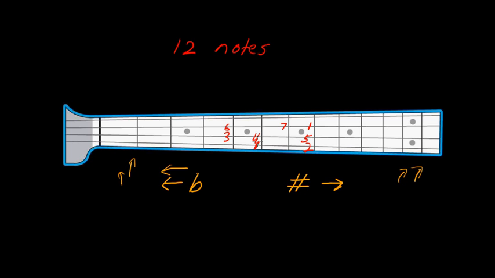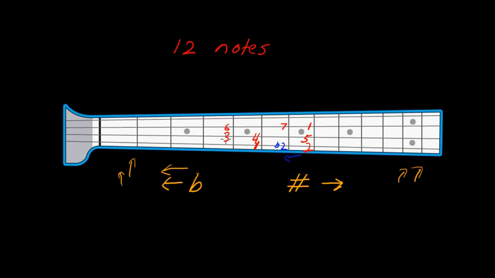But watch this now. If 1 is here, 2's here, a flat 2 would be, if you look, flat's going that way. A flat 2 would be 1 note this way. So right here, that would be a flat 2.